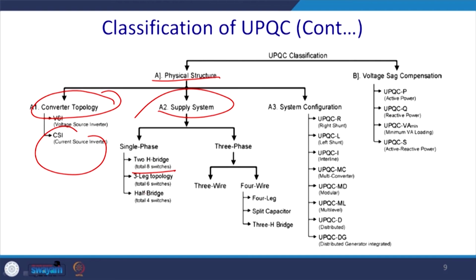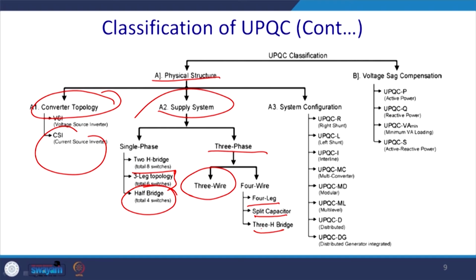Thereafter we may have 3 legs; this is a little compensation: instead of 8, we have 6 switches and 3 legs, and a half bridge of 4 switches. For 3 phase, we may have a 3 wire, and we may also have a 4 wire, 4 leg, split capacitor and 3 bridge.